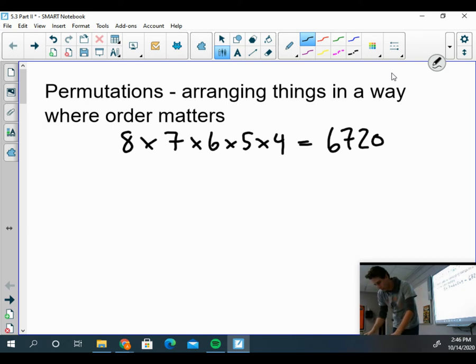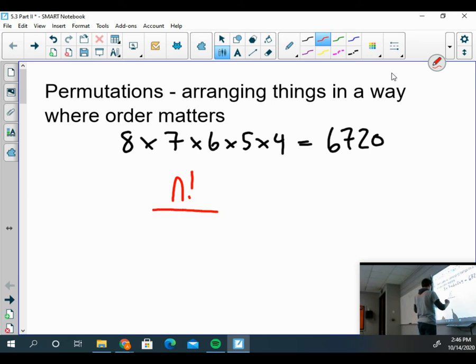The shortcut, though, is using the formula for permutations. What is that formula for permutations? N factorial divided by n minus r factorial. Now, what are n and r? Well, n is the total number. It's going to be, in this case, n would equal 8.